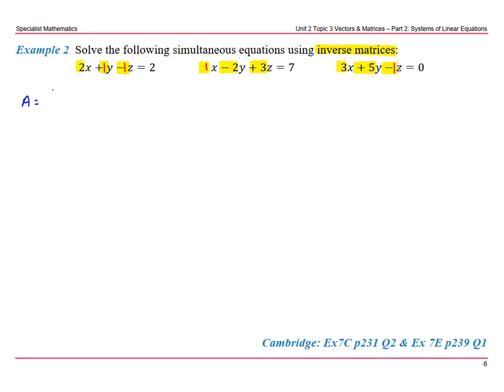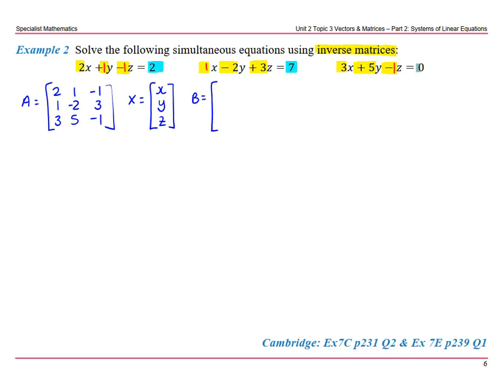So A is 2, 1, -1, 1, -2, 3, 3, 5, -1. Our variable matrix is X, Y, Z. And our constant matrix is 2, 7, 0.